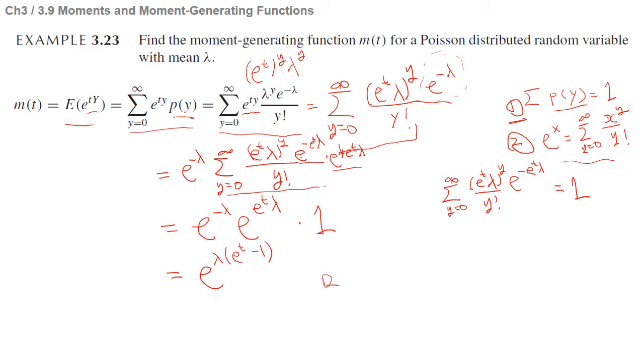The other way is using the Taylor expansion. Here we have the sum from y equals 0 to infinity of (e to the t lambda) to the y over y factorial, and since e to the x is this series, with x being e to the t lambda, this is actually e to the e to the t lambda.